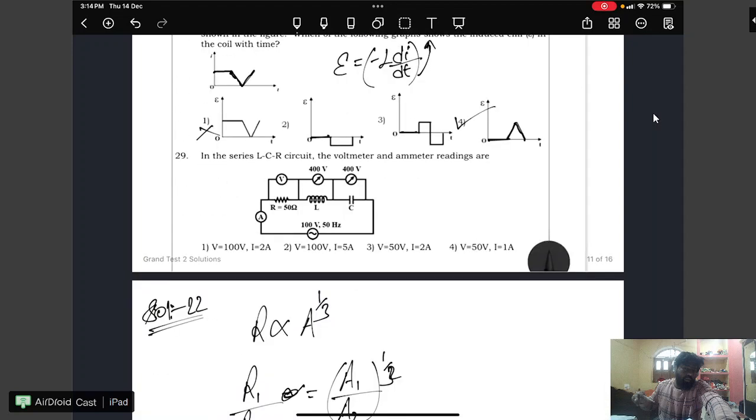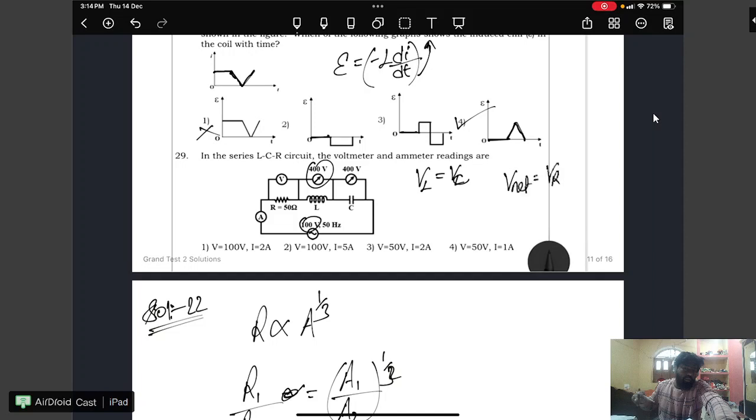Question number 29. 29 is easy because the potentials in L, VL and VC, are equal. It is a resonance condition. In that case, the potential will be 100 volt, which is only across the resistance, because the net potential is VR only.